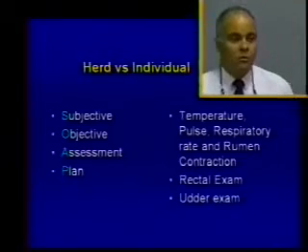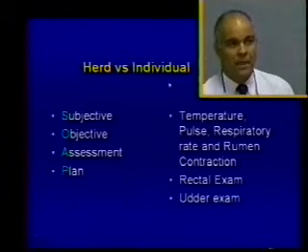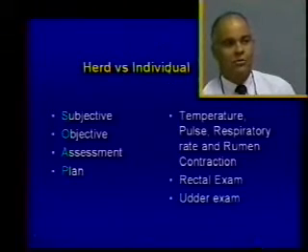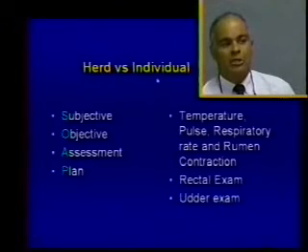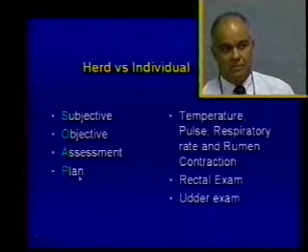Keep in mind that when we deal with food animals, we are dealing, of course, with a herd versus an individual. Remember that a group of individuals compose the herd. Okay? And just like in small animals or the equine patient, we try to follow the SOAP system.